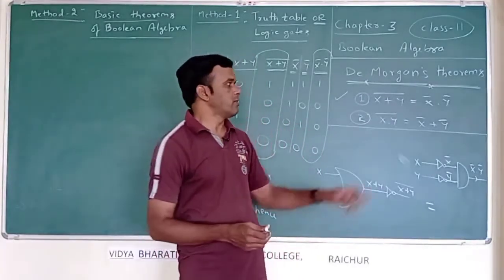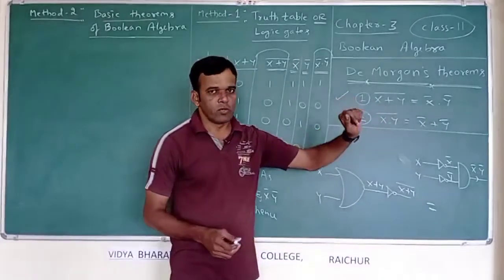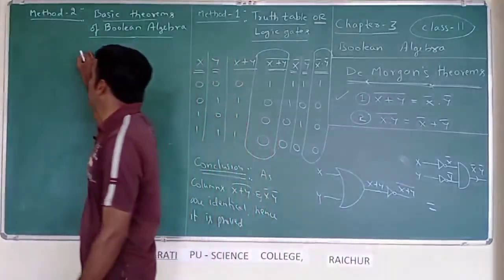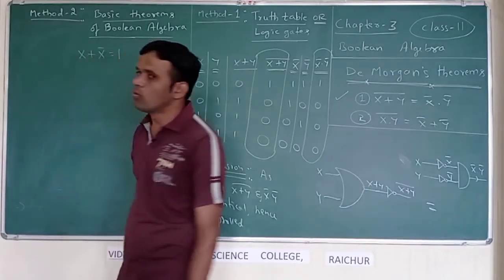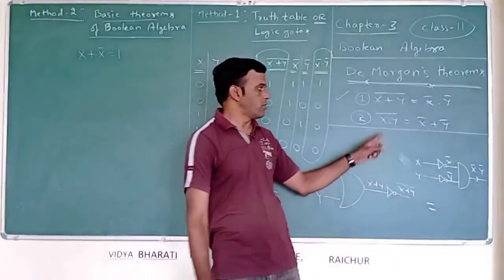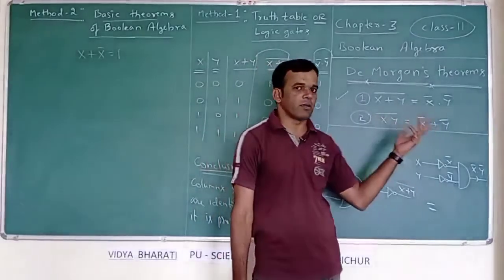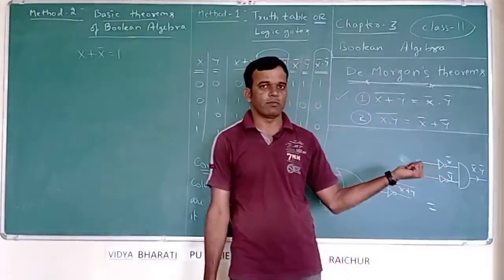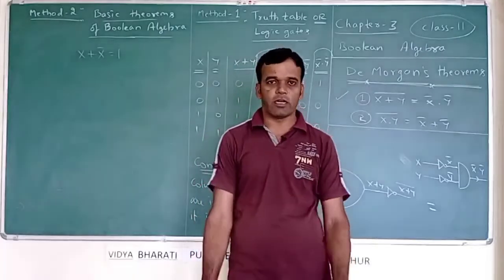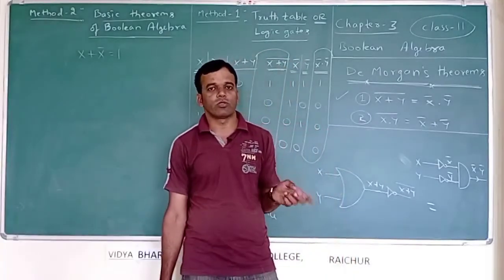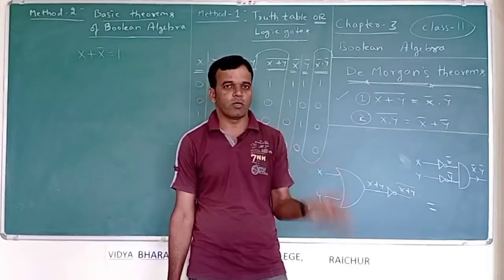For the first theorem, where it is the sum, we use x plus x bar equals 1. For the second theorem, x into y whole bar, to prove it using basic theorems, we will use the other complementarity law, x into x bar equals 0. We will see that one later on.